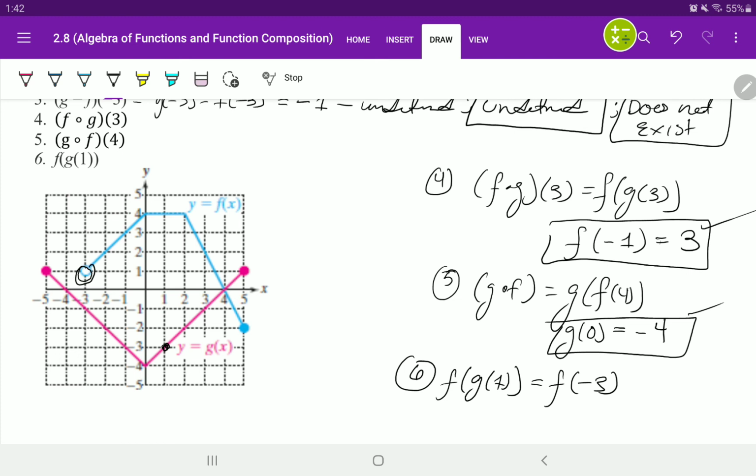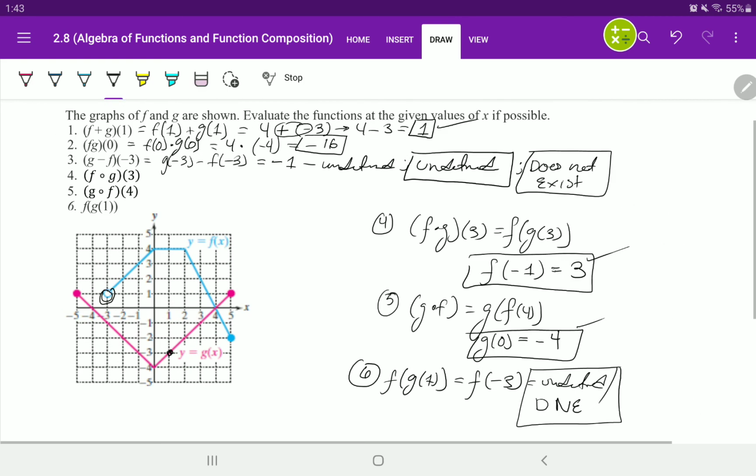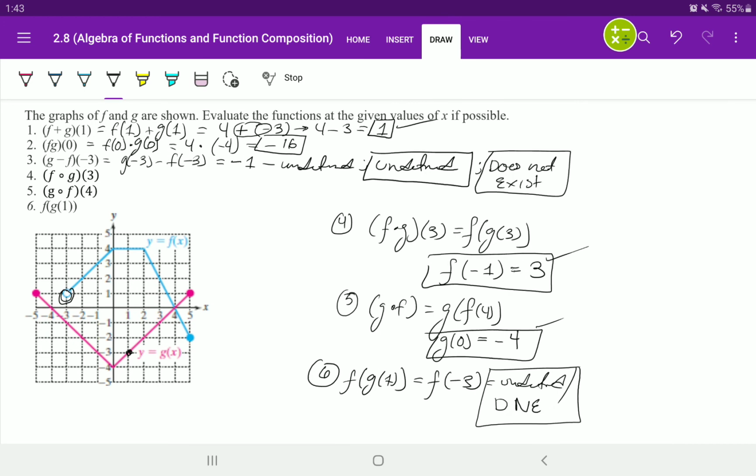Oh, it is going to be undefined or does not exist. I'll put DNE if it does not exist. So the answer to this question is either undefined or does not exist. And that is how we perform the algebra of functions and function composition using the graphs of two functions, in this case function f and function g.